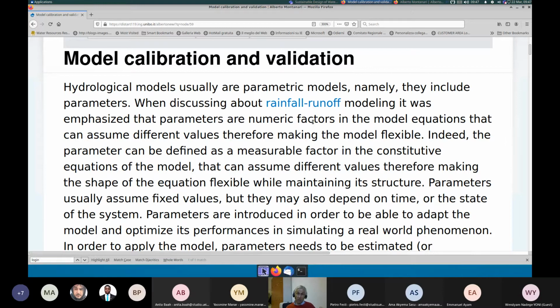Or I may say model calibration, model optimization, model parameterization. I repeat, because these are synonyms.